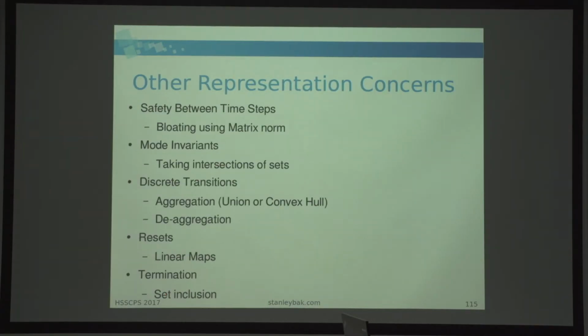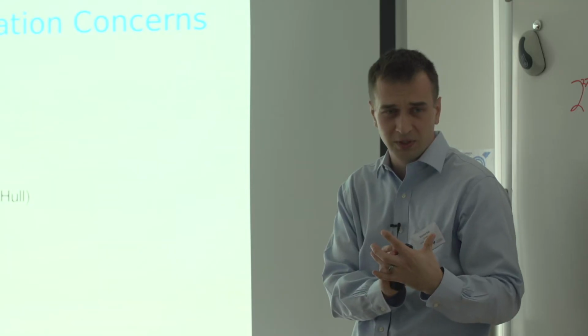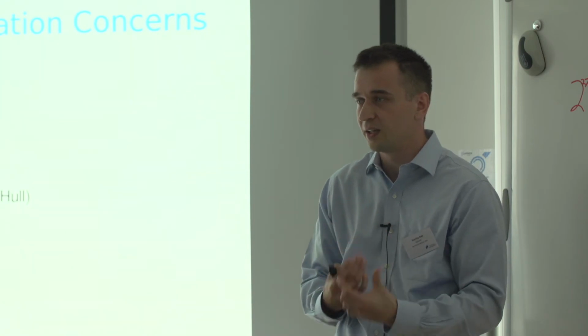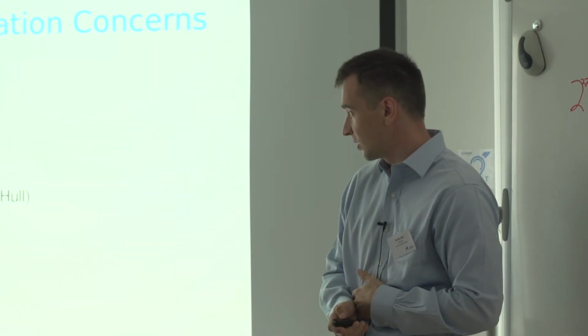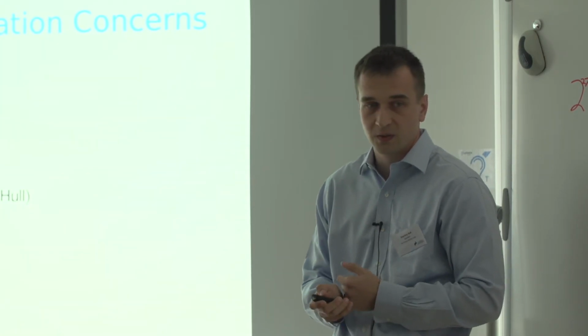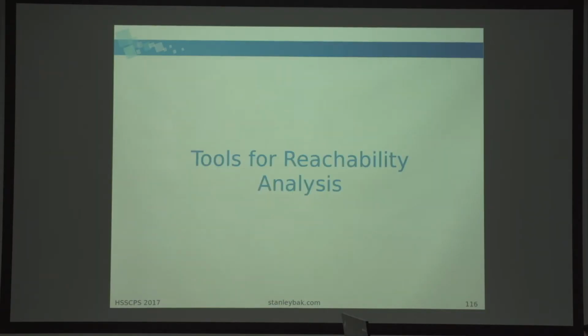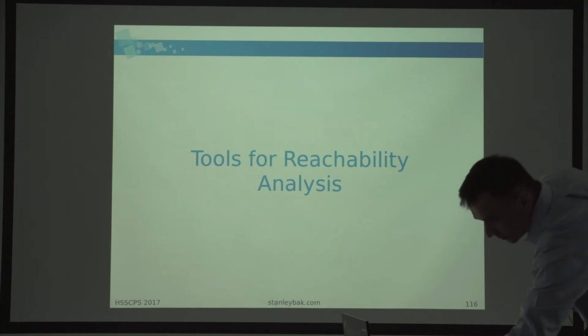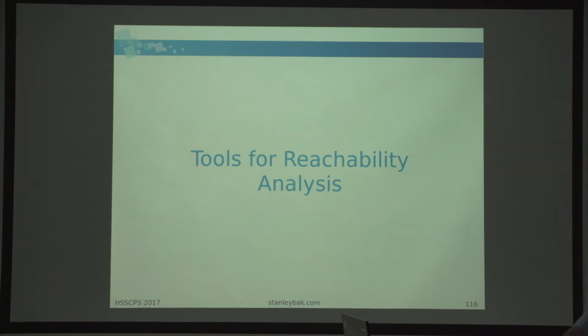So far I've given it a time bound, but you can imagine if you go back into a set of states you've already computed, you would like to detect that and say that you're done. So termination checking in high dimensions is hard.